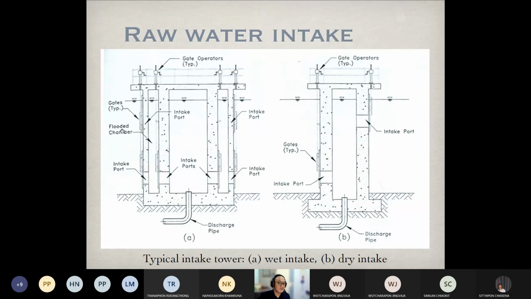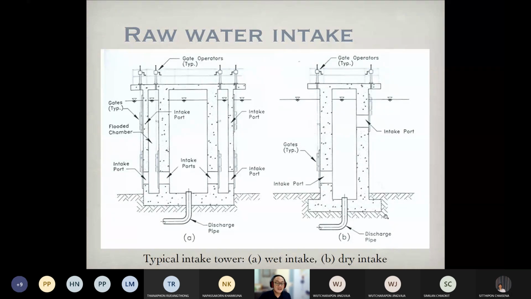Water kept inside this chamber creates a lot of weight, which helps to balance the buoyancy force. So in this case, we don't need a very strong foundation. That is why the design in figure A is typically called the wet intake, because we use the water to balance the buoyancy force.